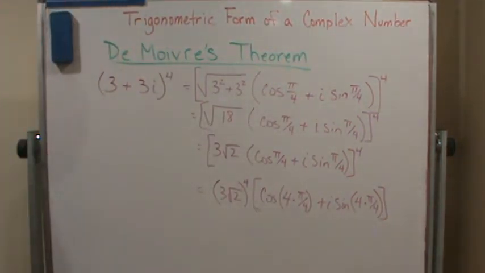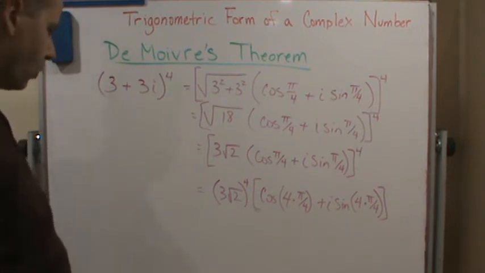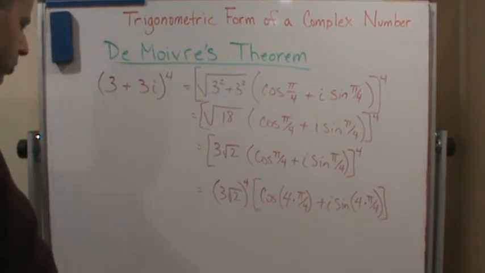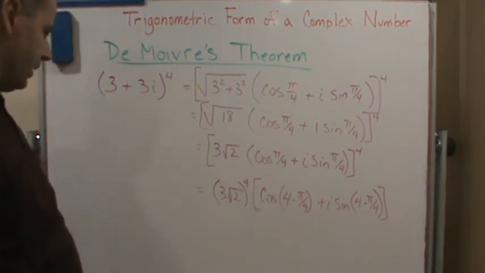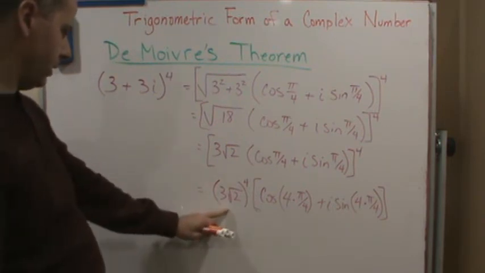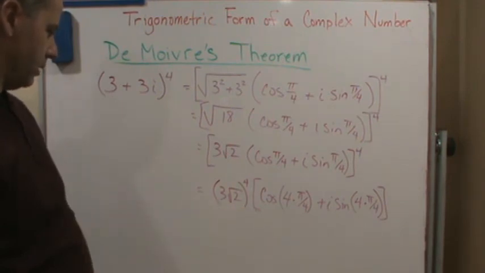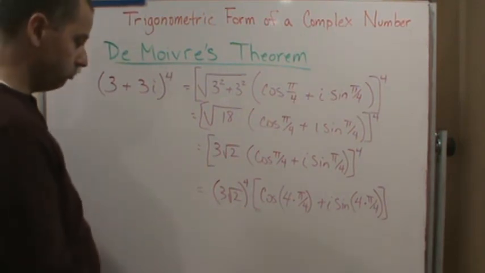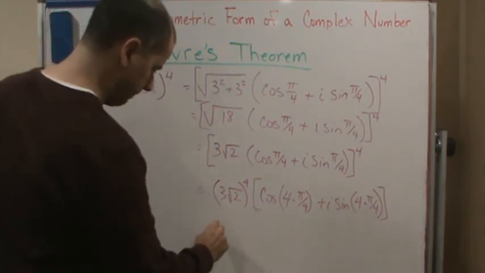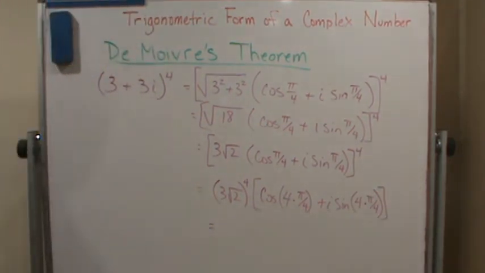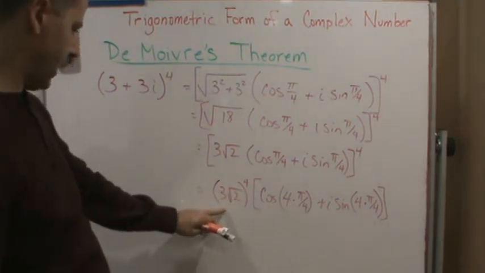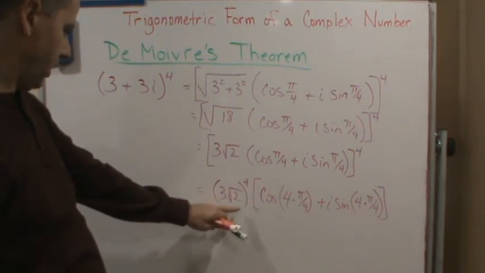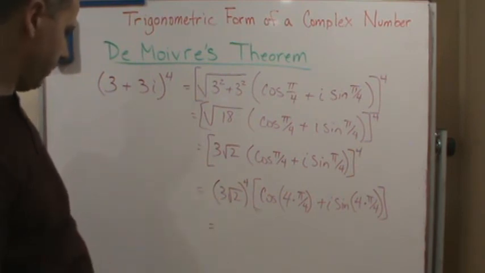So now we just have to simplify this. We're going to use the property of exponents here. And this is going to give us 81 times 4, so 4 times 80 is 320, and then 324.